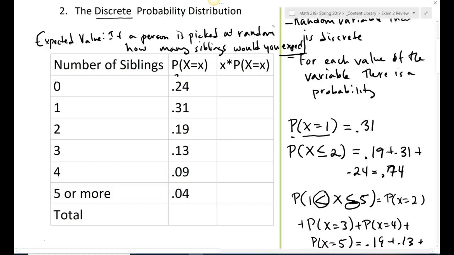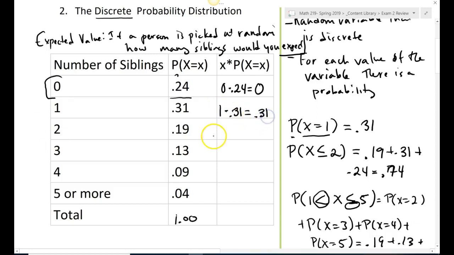So I'm going to take this 0 and multiply it by 0.24, okay? So 0 times 0.24 equals 0, right? And that's the portion of the expected value that we get from the people who say they have 0 siblings. So I now have 1 times 0.31. That's going to be the portion for those who have 1 sibling.